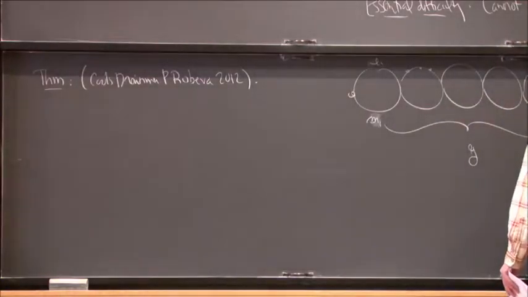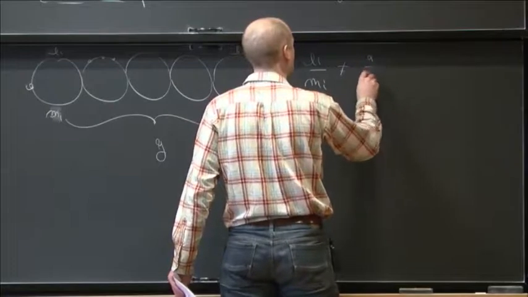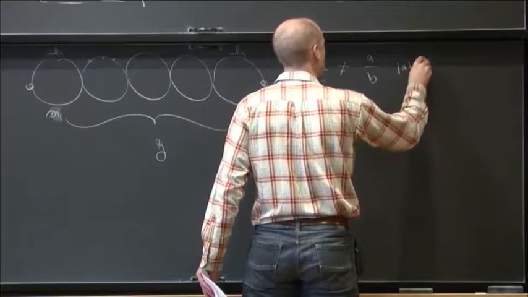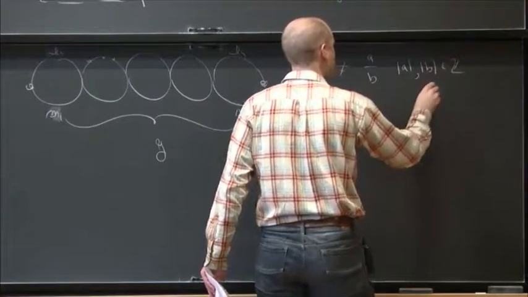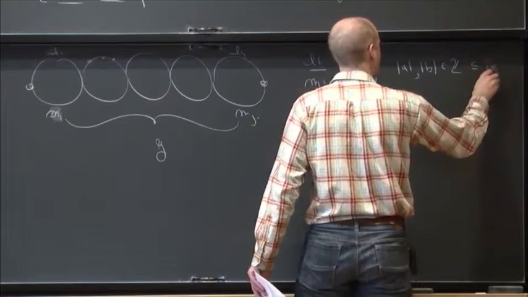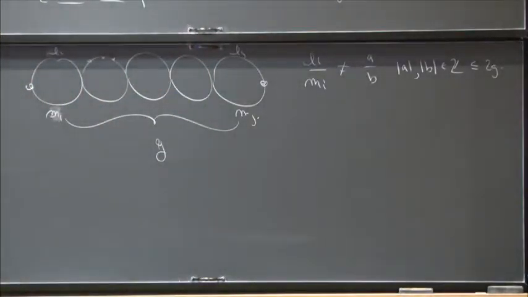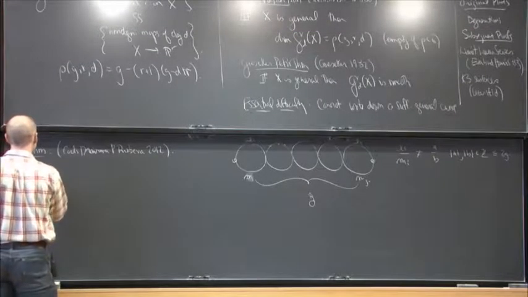And I'm imposing a genericity condition, which is that Li over Mi is not equal to a over b, where a and b are integers less than or equal to 2g. So I want some sufficient genericity on these edge lengths, but we can be very specific about what that means.